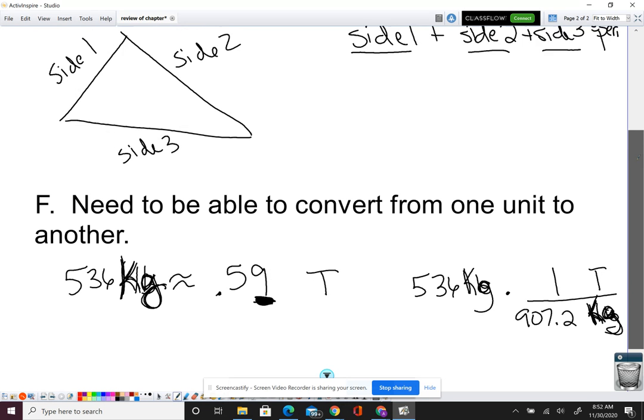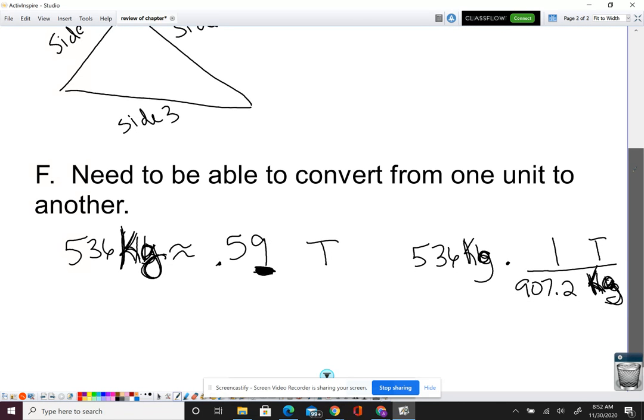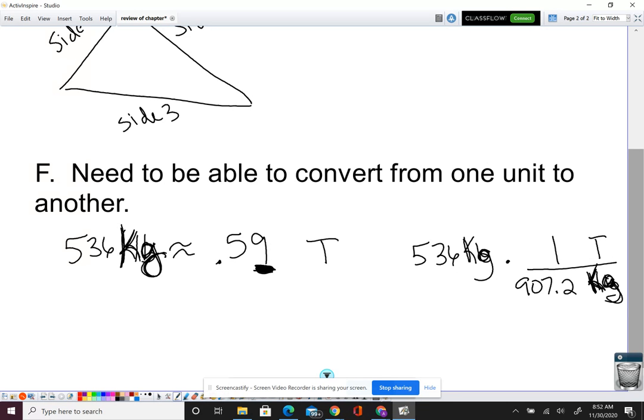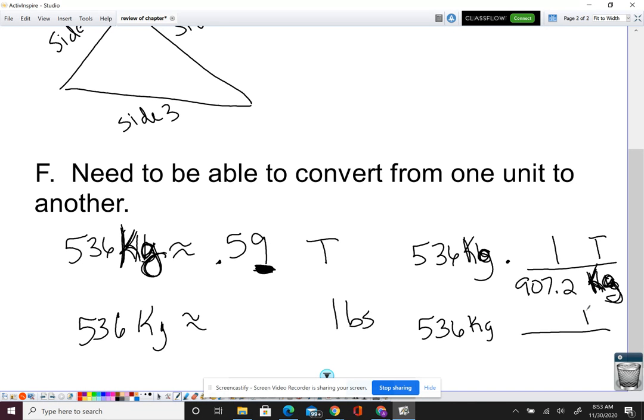Mrs. Reed, for section F, can you do an example with going from pounds into kilograms, or from our system to the metric system the other way? Yep. So if I want to go, how about 536 kilograms is approximately how many pounds? So I would have my 536 kilograms, pounds up on top, kilograms on the bottom.